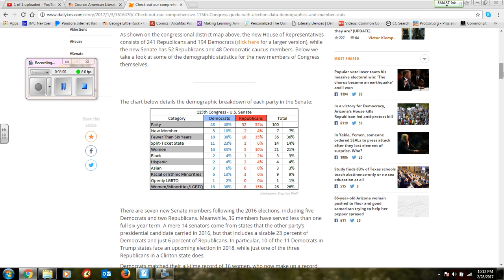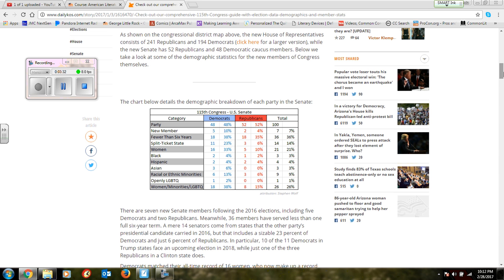If we look at the demographics of male to female, we notice that there are 21 women out of 535. There are only 7 that are considered new members. 36 of them have been there fewer than 6 years. Only 1 is openly LGBTQ.